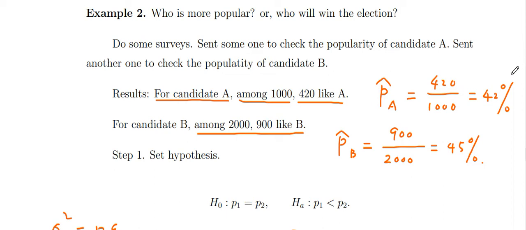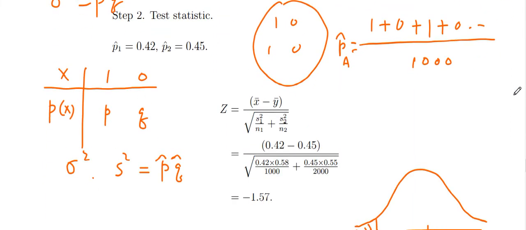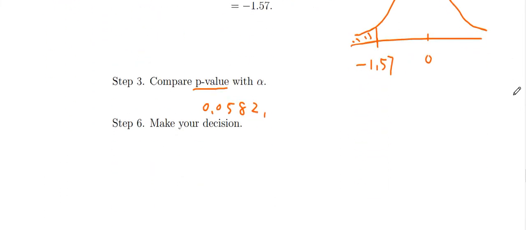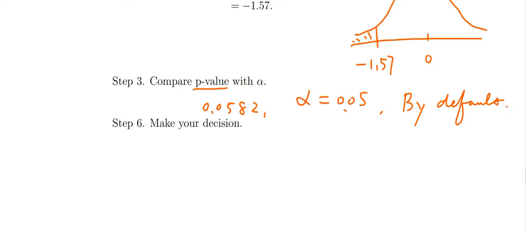If the problem does not give us alpha, then we pick alpha as 0.005 by default. So we find this P value is a little bit larger than alpha, right?